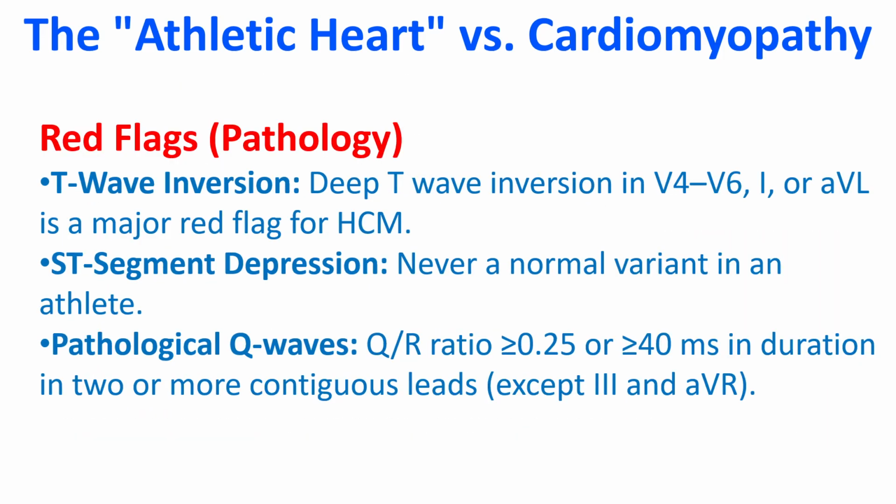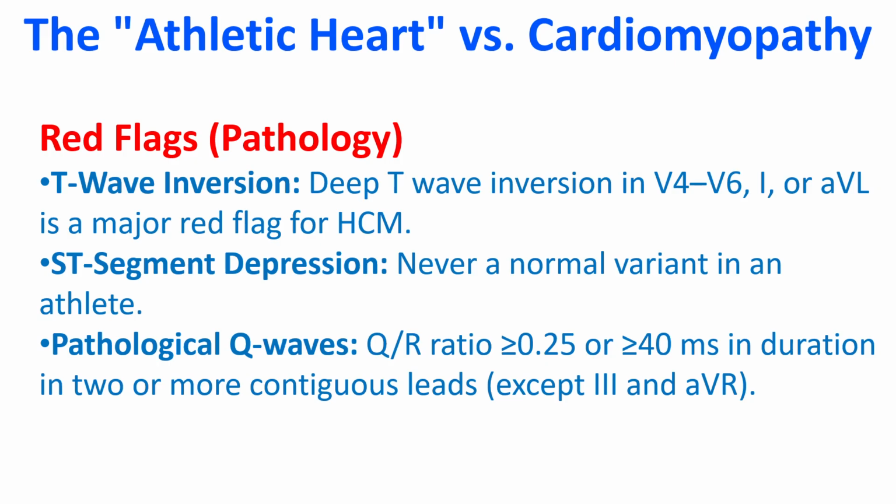But there are red flags in athletes also. Deep T wave inversion in V4 to V6, lead 1 or aVL is a major red flag sign, indicating probably hypertrophic cardiomyopathy. ST segment depression is never a normal variant in an athlete.